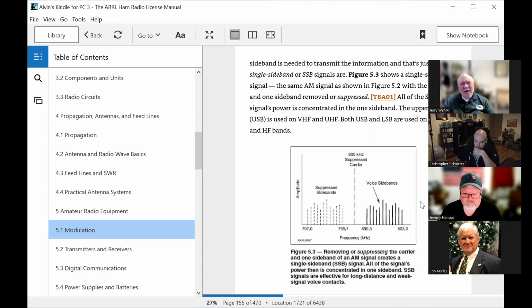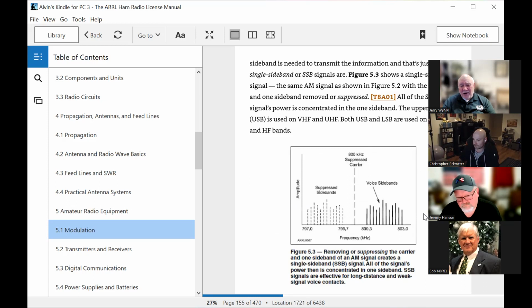Now, there's a convention with hams that if you're operating below 10 megahertz, use lower sideband. And if you're operating above 10 megahertz, you use upper sideband.